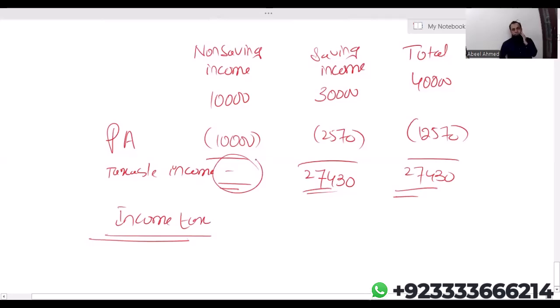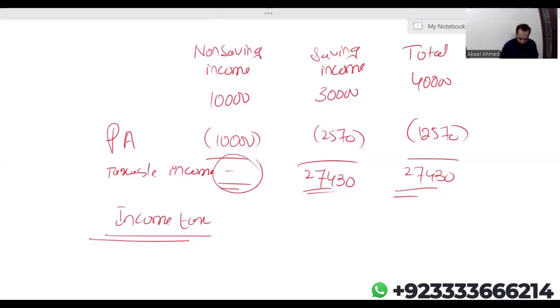Now I am applying the tax rate directly on saving income. I will start from the starting rate band. Now, starting rate band is not utilized, it's not consumed, it is there.